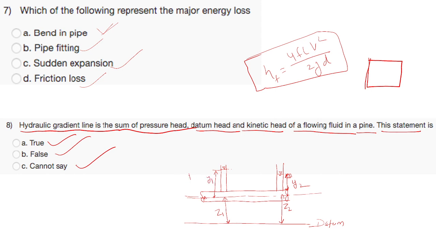But this is actually the P by rho g. So if you connect these lines, from here to here and from here to here, if you connect these 2 points, this line gives you the hydraulic gradient line.